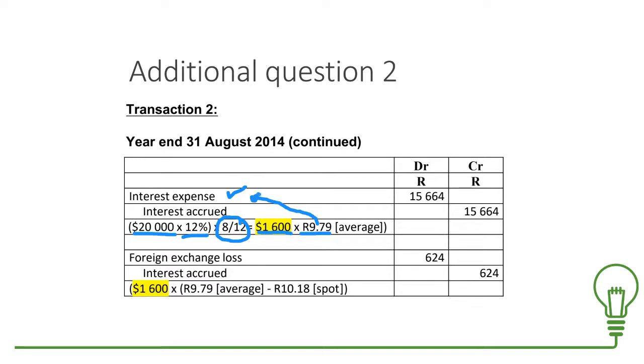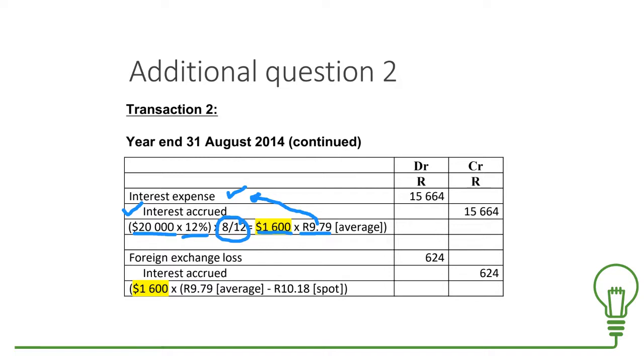But in the creation of the interest expense, we've created this additional creditor called interest accrued. It's disappointing and it's confusing because in the name of that creditor, it's got the word interest. So students often get confused between interest expense and interest accrued. One is an income statement item, an expense, and one is a liability, right?